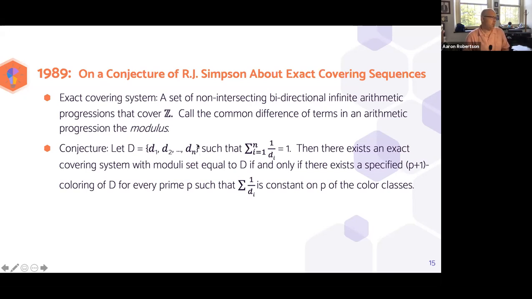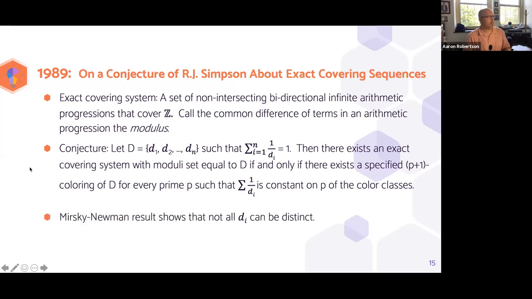If I have a set of moduli that the reciprocals sum to 1, then there exists an exact covering system with those moduli if and only if there's this specific p+1 coloring of the moduli and for every prime. So there are many criteria on this coloring.